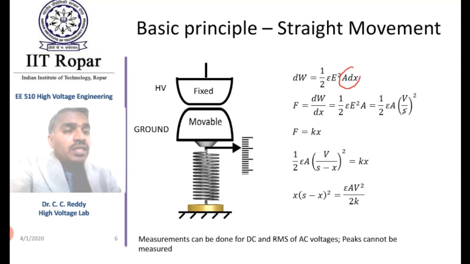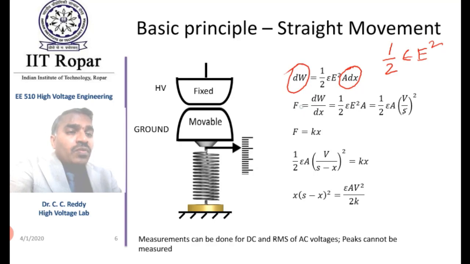A dx is the differential volume, dW is the differential energy, the energy that is in the small elemental volume, with dx as the width and A as its area. A dx is the total volume. You may know, half epsilon E square is the energy density in the electric field.